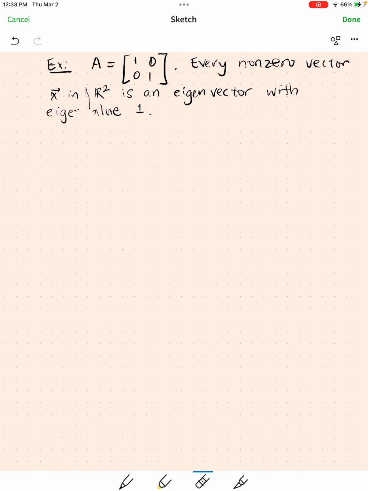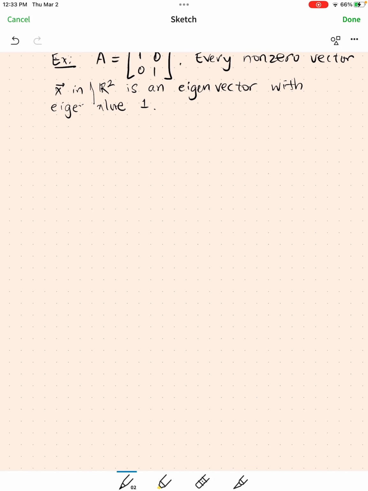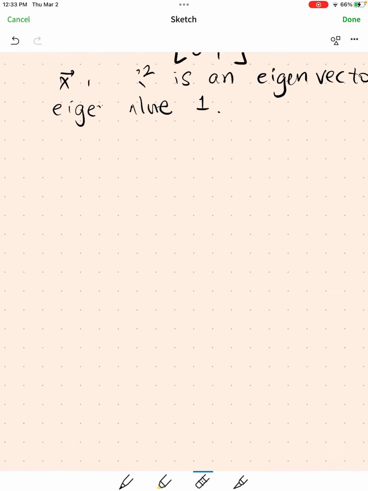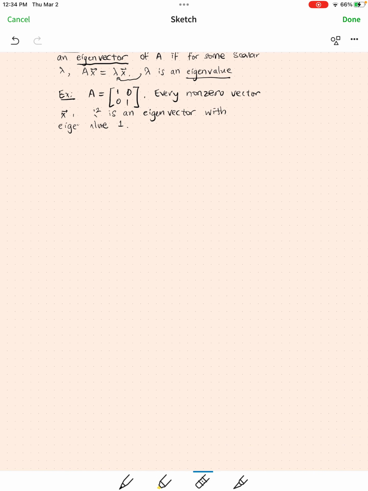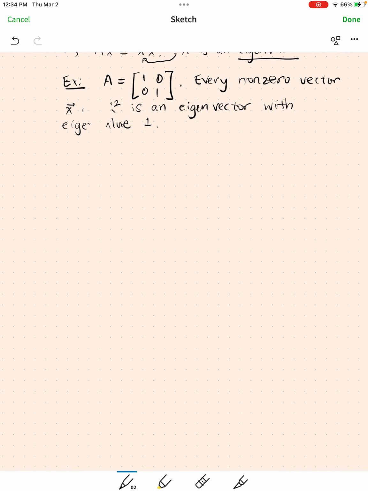There we go. Sorry, I'm using a different app. Okay. Oh, geez. Every non-zero vector x in R2 is an eigenvector with eigenvalue 1. Right. Okay. Oh, you have to pinch it a little to move it up.